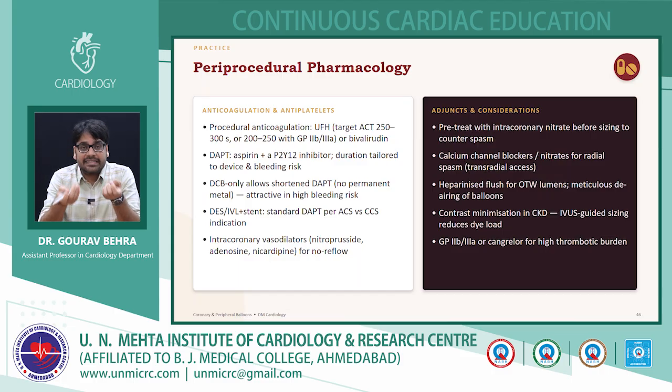And you should assess the flow after, when you dilate a vessel, for pre-dilatation, post-dilatation, and in between. You have to notice the amount of flow, whether it is TIMI 2, 3 or 4, or there is no reflow. So you have to cope with that situation by using various intracoronary vasodilators, looking for flow in between the inflation and deflation.